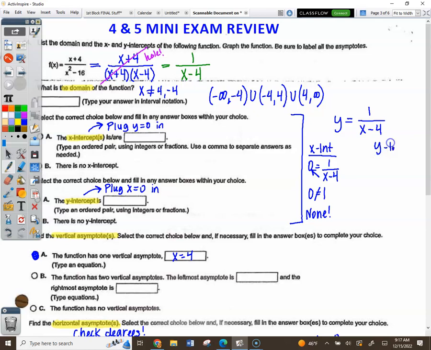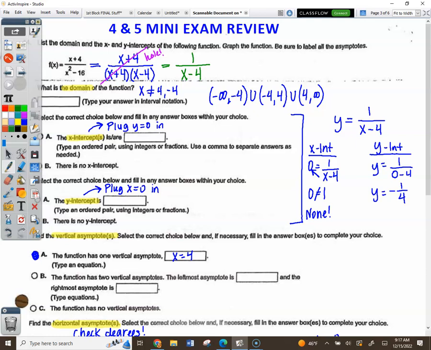Now we're going to repeat with the y-intercept. We're going to plug 0 in for x. There we go. We're plugging 0 in where x is. And we actually come to a number this time.